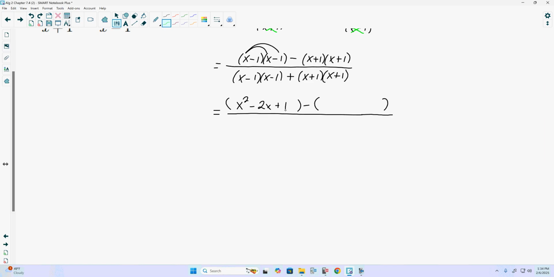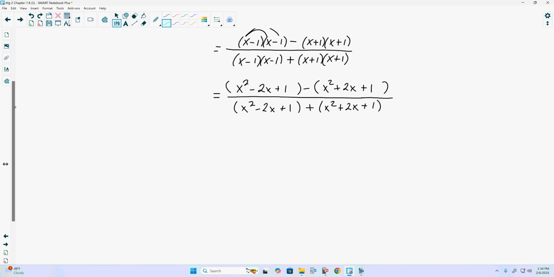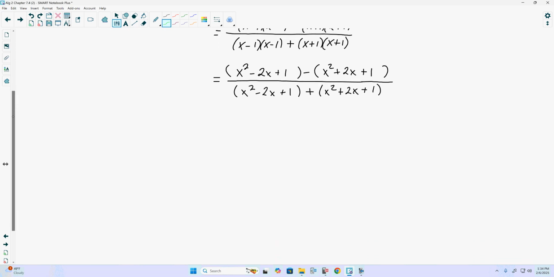X plus 1 times x plus 1 is going to be x squared plus 2x plus 1. Now on top, we're going to have to distribute that negative through. So it'll tell us that we have x squared minus 2x plus 1 minus x squared minus 2x minus 1.